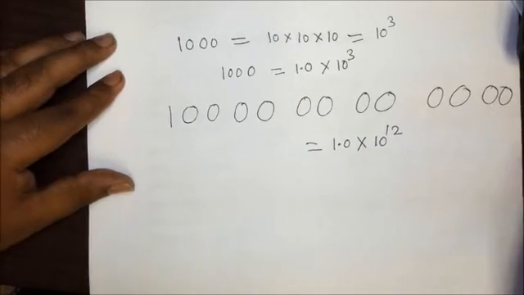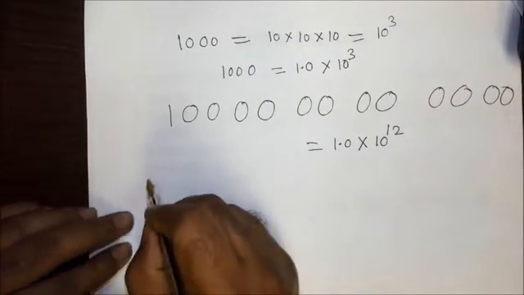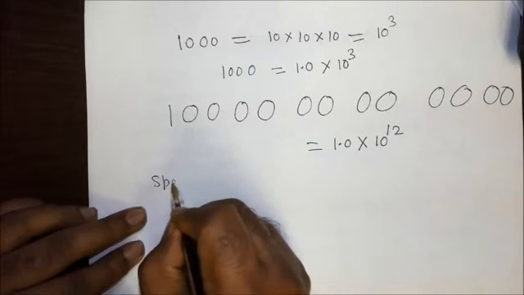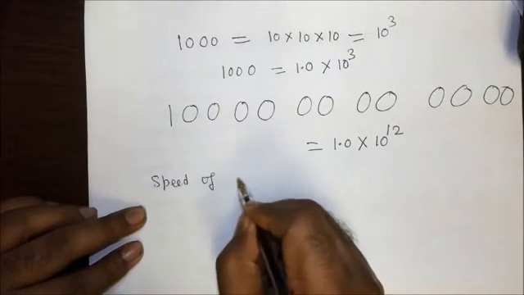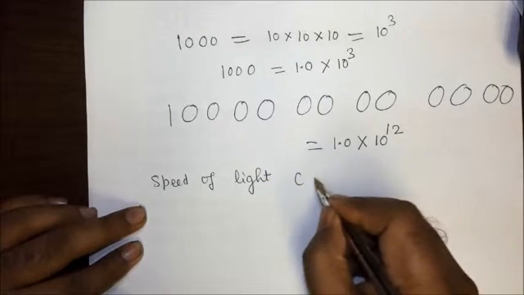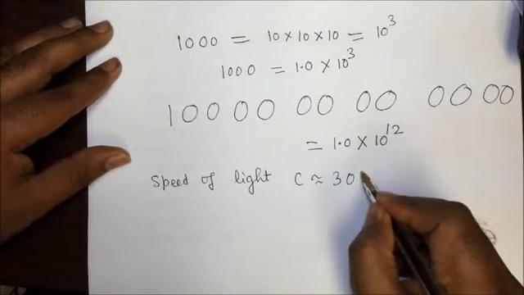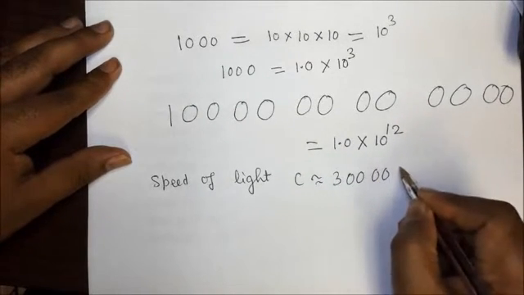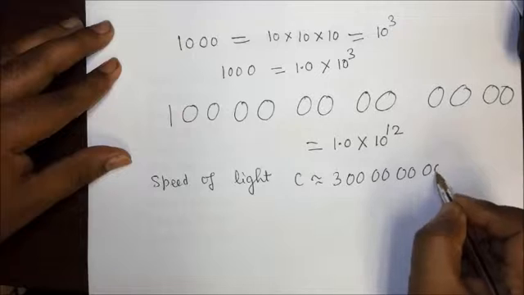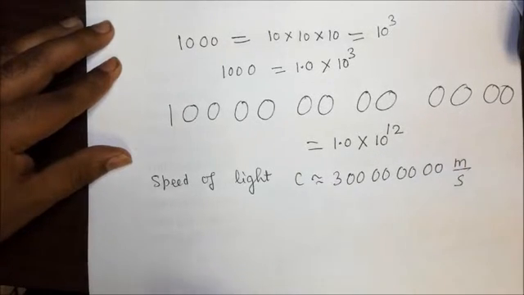For example, the speed of light c is approximately 3 followed by 8 zeros meter every second.